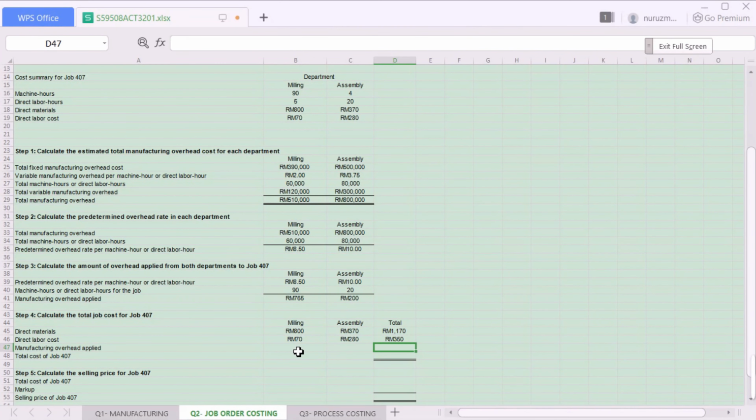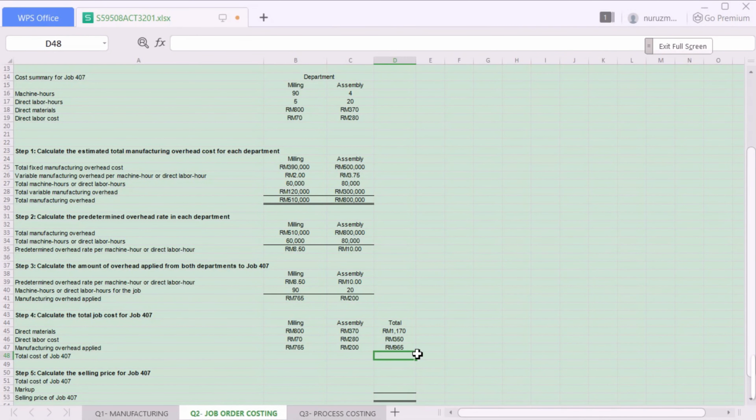Manufacturing overhead applied is RM765 for milling and 200 for assembly, and the total manufacturing overhead is 765 plus 200 equals 965.